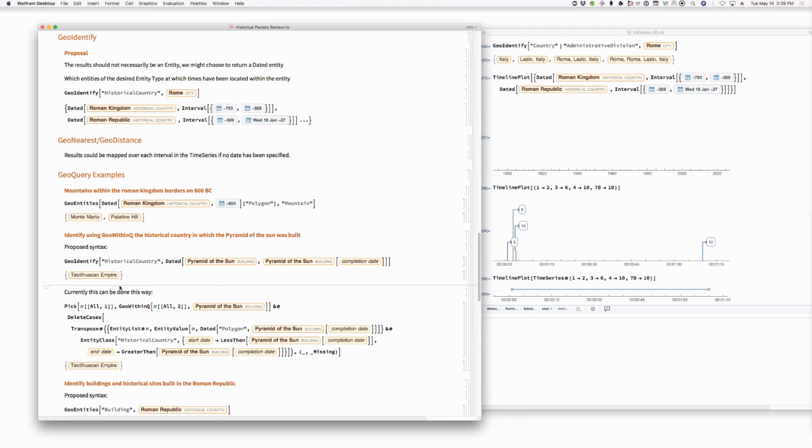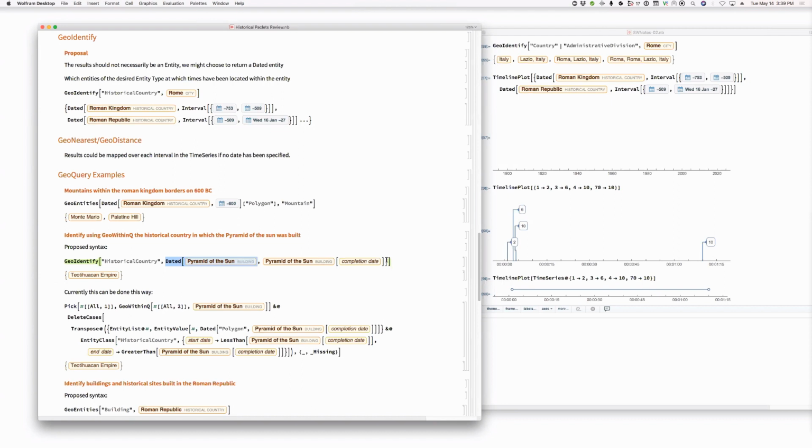No, I think this would need a dated if historical country was wrapped in dated. No, I don't think that's right, because the convention up here was if the second argument has a dated thing around it. But the arguments in geo-identify and geo-entities are flipped. I see. Okay, all right. You convinced me.